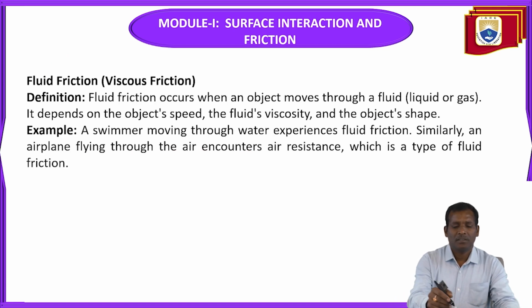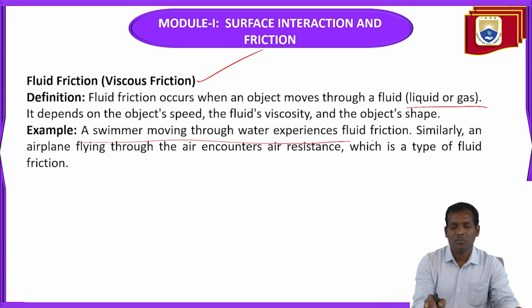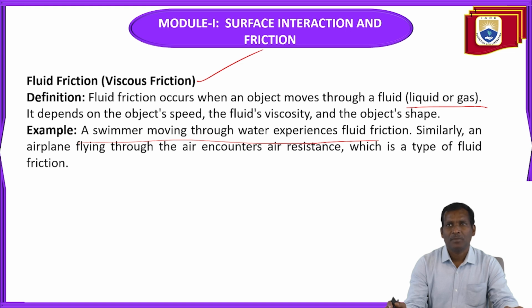Next, fluid friction, that is, viscous friction. As per the definition, fluid friction occurs when an object moves through a fluid, that is, liquid or gas. It depends on the object's speed, the fluid's viscosity, and the object's shape. Example for fluid friction: a swimmer moving through water experiences fluid friction.